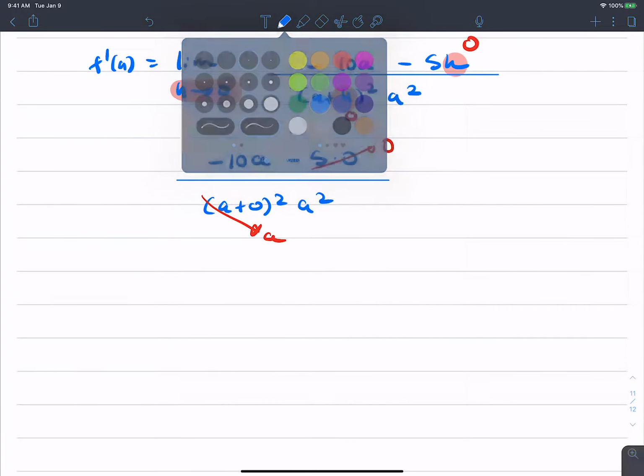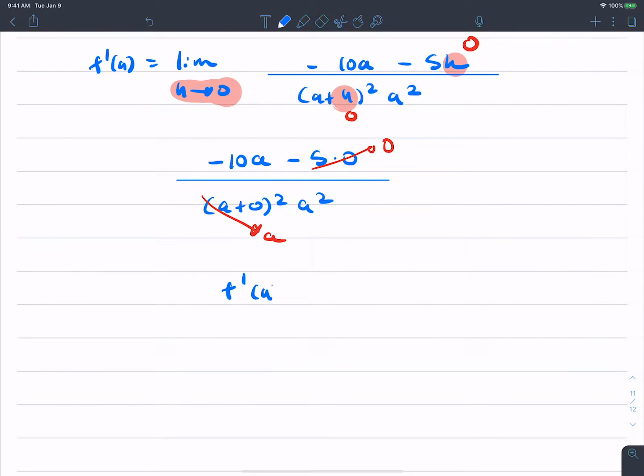So here's my final answer, right? F prime of a is minus 10a over, looks like it's going to be a squared. Yeah, remember this is a, so take a look down here. That's a squared times a squared, which is a to the 4th, okay? Because a plus 0 is a, but don't forget it's being squared.